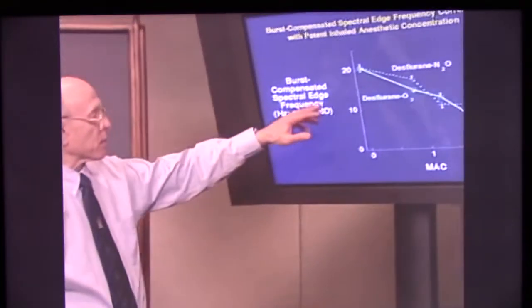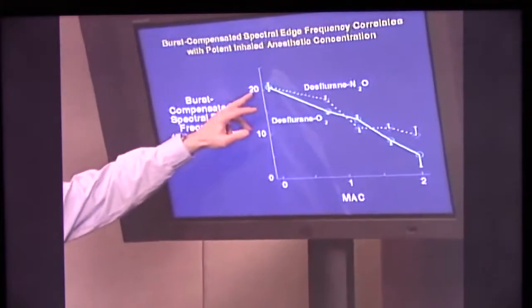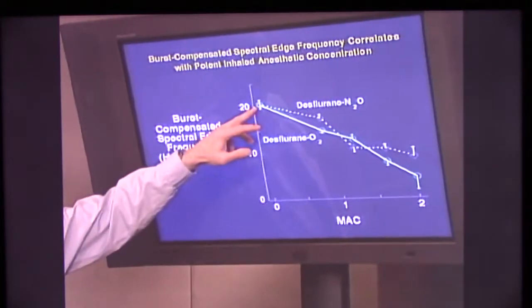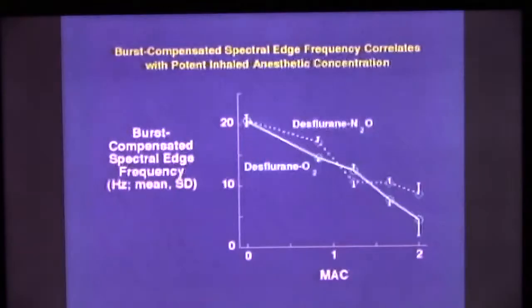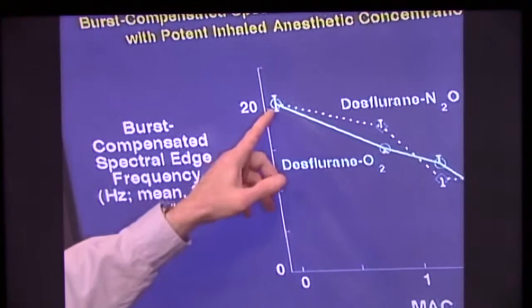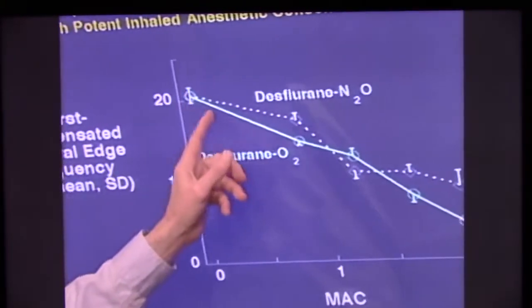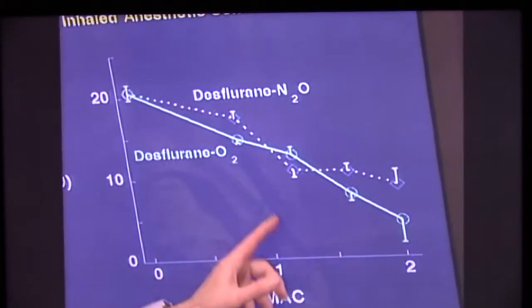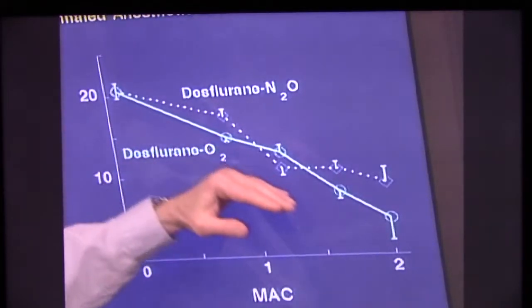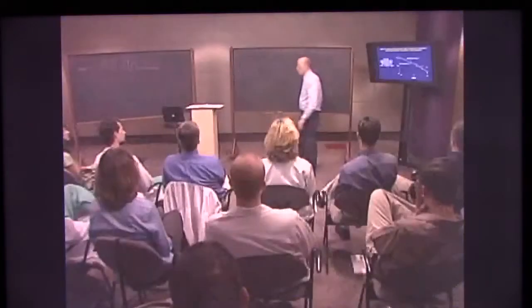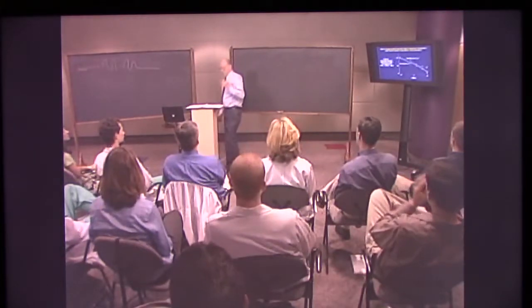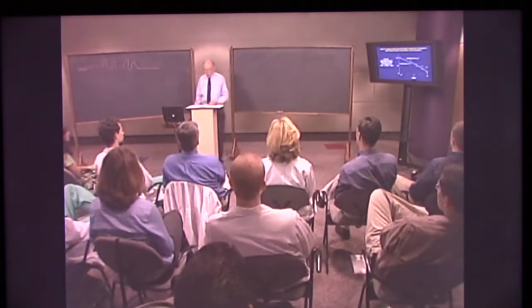So we'd say that the frequency of 20 hertz, 20 cycles per second, is what we're going to find in the awake person. That is, the awake person has frequencies up to, but not in excess of, 20 cycles per second. All the energy in the brain waves goes up to here. And then when we give anesthesia, that edge goes down, and all the energy is in lower and lower frequencies. That could be a measure of the depth of anesthesia if we liked it.